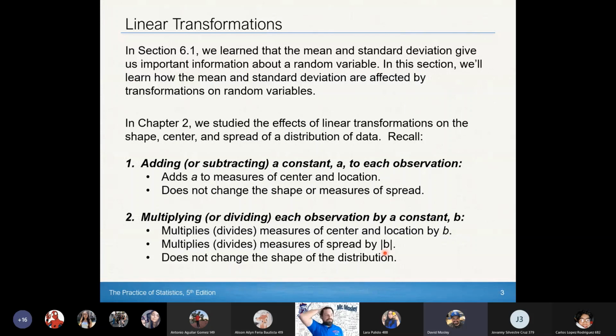When we're multiplying measures of center and location, mean, median, quartiles, percentiles, we'll just multiply by whatever B is. So if it was -2, multiply by -2. But for measures of spread, standard deviation, variance, IQR, you multiply by the absolute value of B. And again, multiplying or dividing an observation has no effect on the shape.